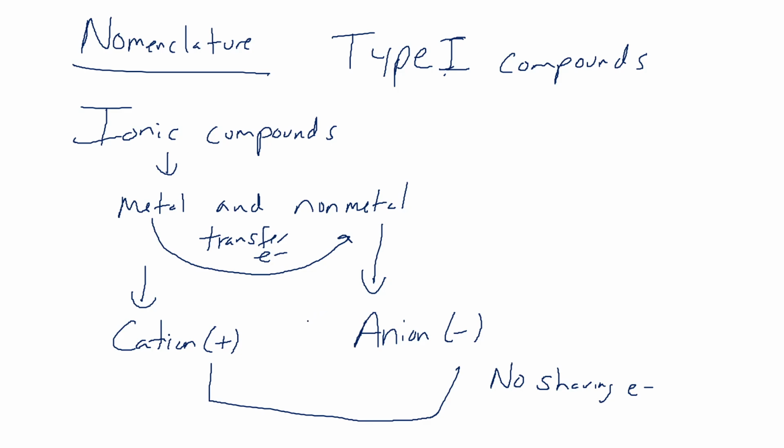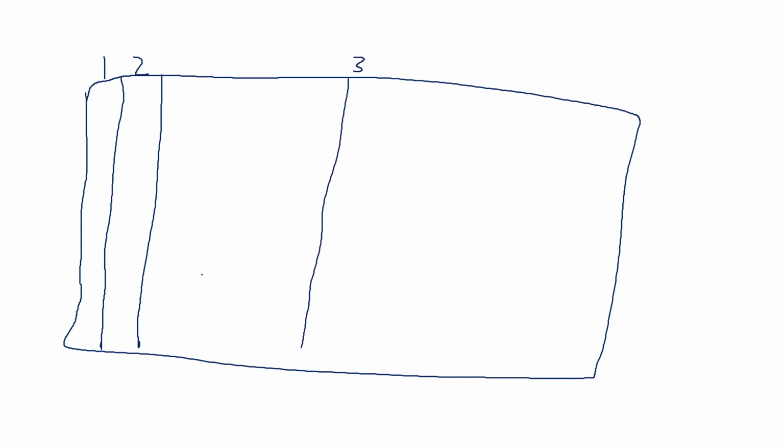So when we talk about ionic compounds that are made up of ions, it's important to look at our periodic table here. And again, group 1, group 2, group 3. Then we got 4, 5, 6, 7, and 8.